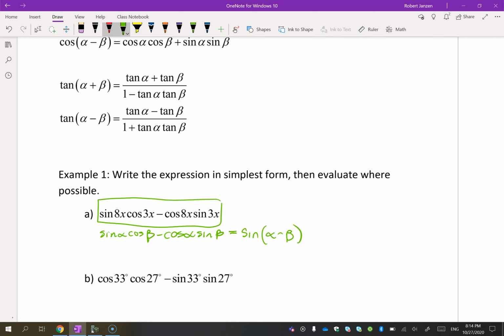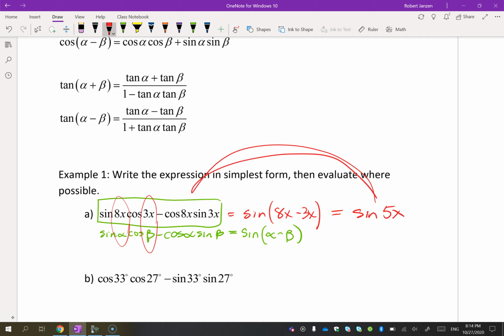So let's go up here and put those values in. So what was alpha? Alpha was 8x. And what was beta? Beta is 3x. So this simplified would be sine of 5x. Okay? So these two are equivalent using the formula that we're given here.